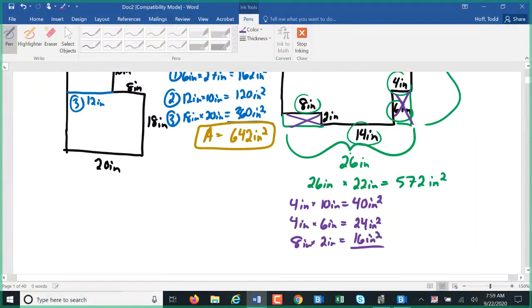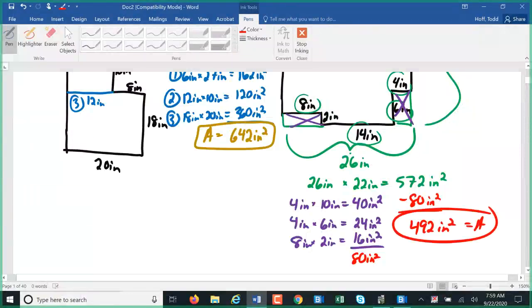So that adds up to a total of 80 square inches that needs to be subtracted, bringing us to 492 square inches of area for that piece.